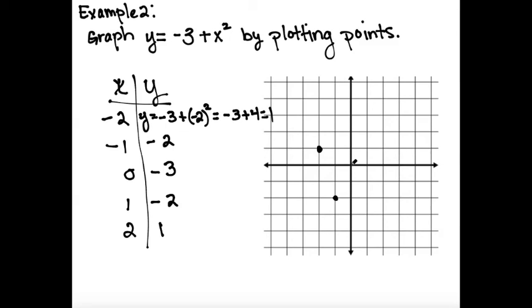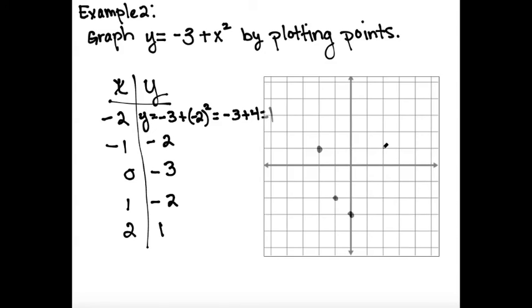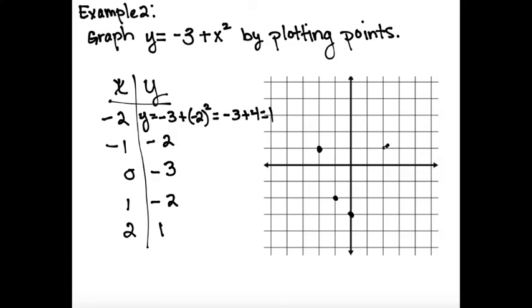I'm going to start at the origin and just simply go down to -3. 1, -2. I'm going to start at the origin, go to the right 1, down 2. And my last point, 2, 1, I'm going to start at the origin. I'm going to go to the right 2, and I'm going to go up 1. Make sure I got all my points.